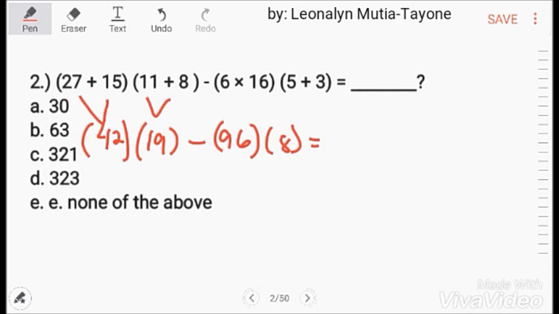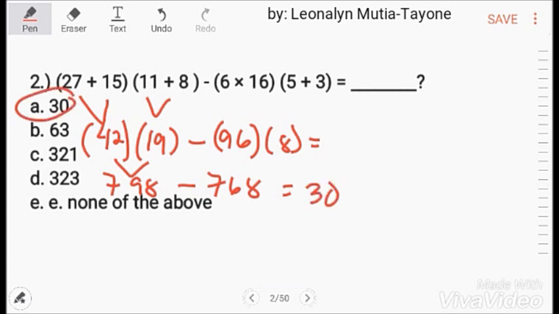In the order of operation, ang next dyan ay either multiplication or division. Walang division, so we will do multiplication first. 42 times 19, that is 798, minus 96 times 8, 768. So, 798 minus 768, that is 30. So, the answer is letter A.